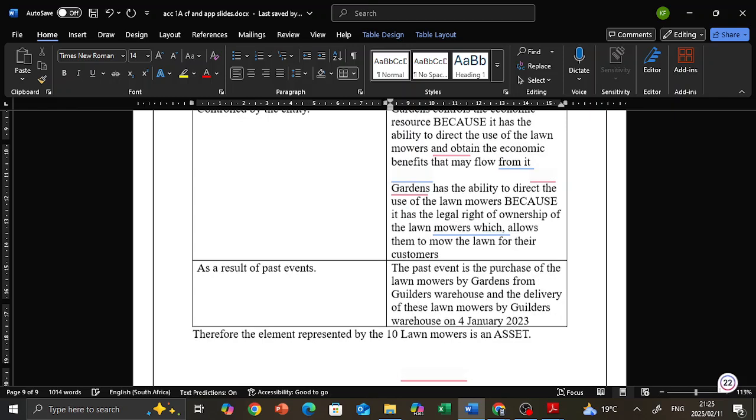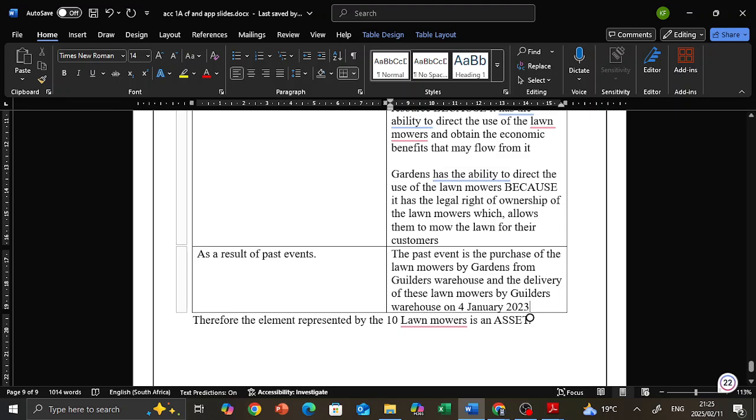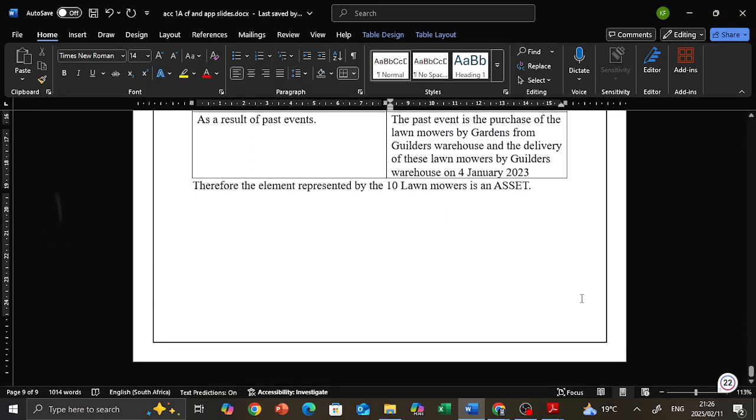Clean. Yesterday a student said to ensure that you conclude by saying, therefore the element represented by the 10 lawnmowers is an asset. Guys, are we happy? This is not even the most difficult of the work, so I don't want you dwelling too much on this. Just follow my advice. Your UJ slides have a perfect application question. Go to those ones. Practice, repeat. Theory, for me personally, I learned theory via repetition.